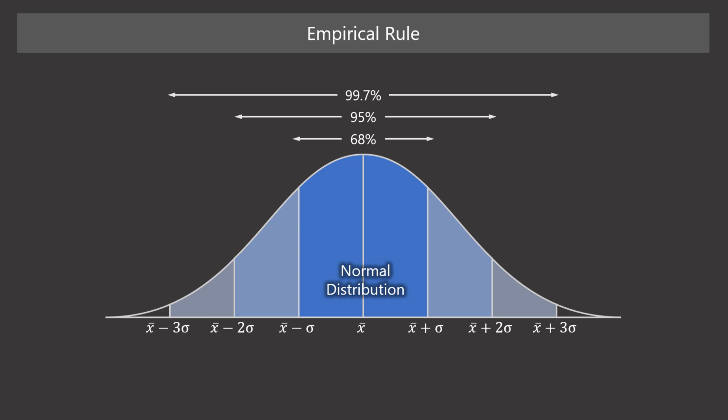According to the empirical rule, if a dataset is normally distributed or approximately normally distributed, about 68% of the data fall within one standard deviation of the mean, and about 95% of data fall within 2 standard deviations of the mean, and about 99.7% of data fall within 3 standard deviations of the mean. So, this rule is also called the 68, 95, 99.7 rule.